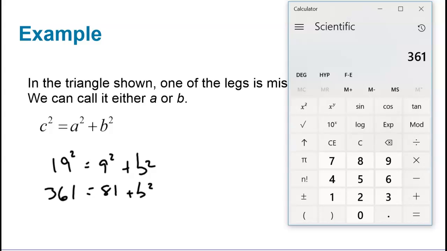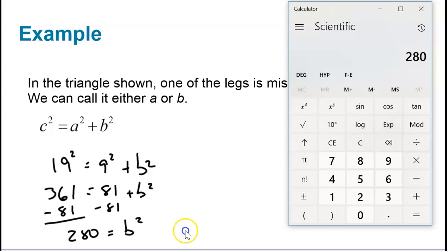Now let's go ahead and isolate the variable. So we will subtract 81 from one side. What we do to one side, we have to do to the other. 361 minus 81 is 280, equals b squared.